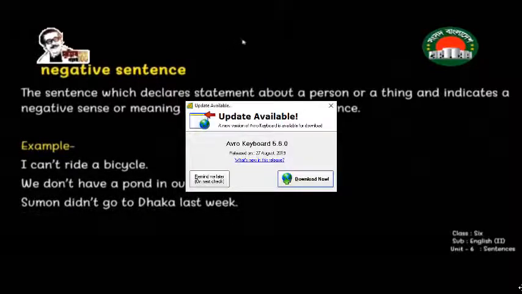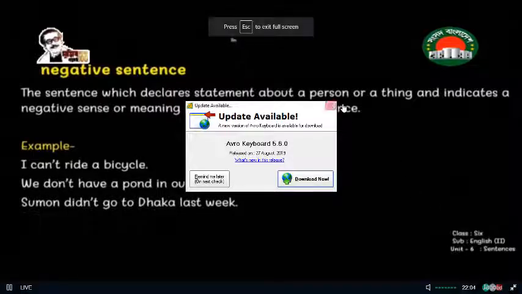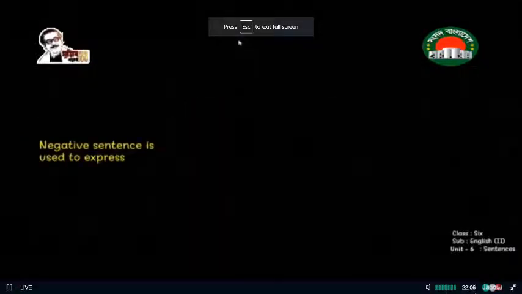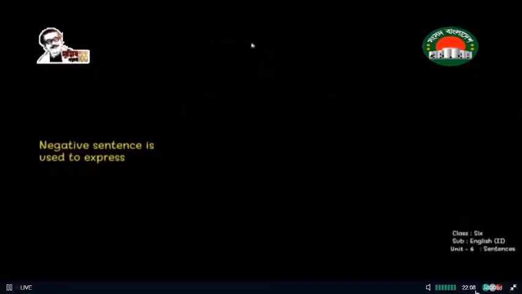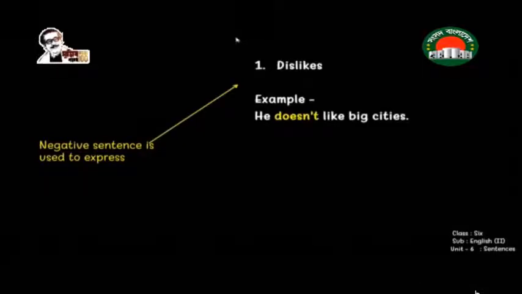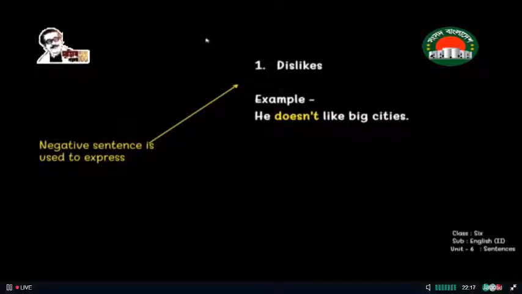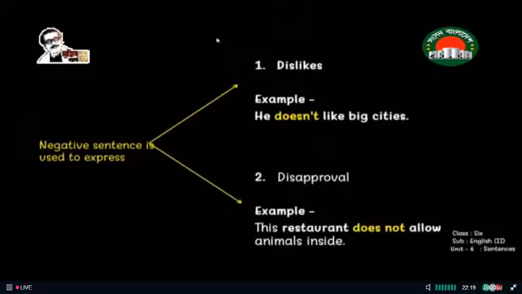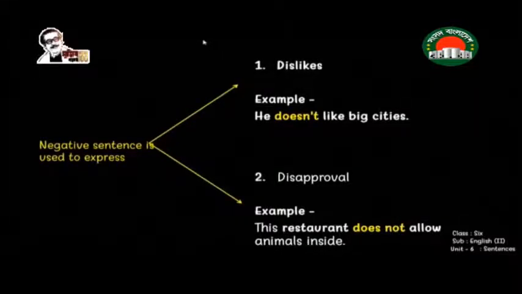So why do we use negative sentences? Yes, a negative sentence is used to express, number one, dislikes. He doesn't like big cities. It is the dislike of someone. Number two, disapproval. The restaurant doesn't allow animals inside.